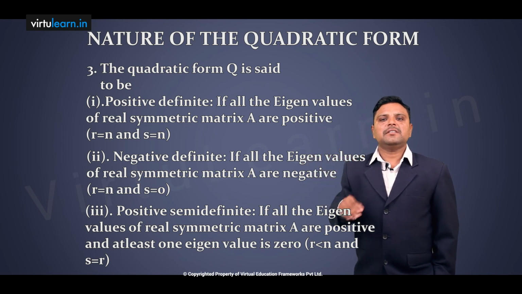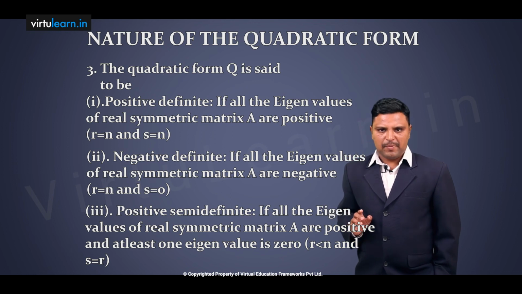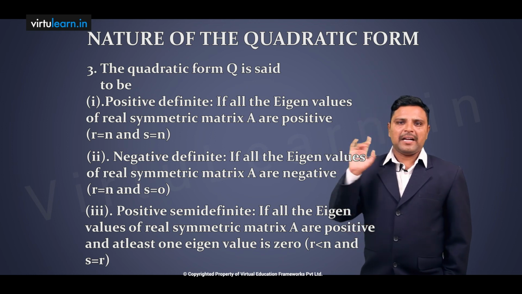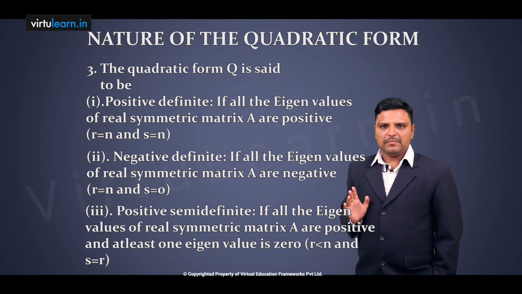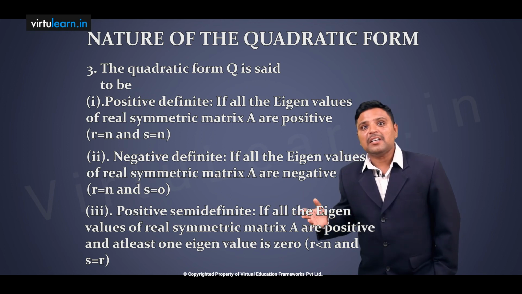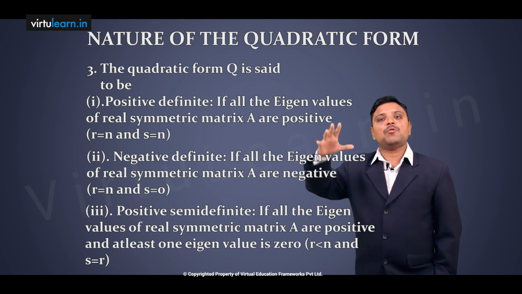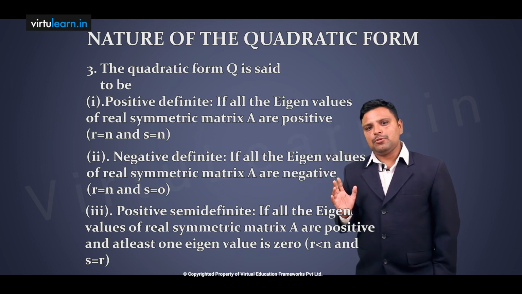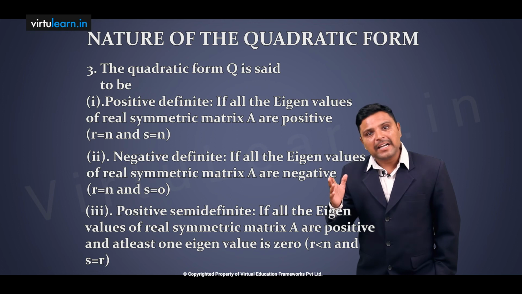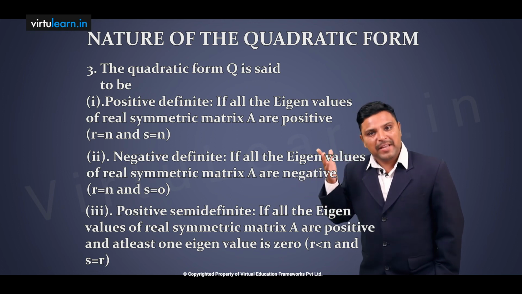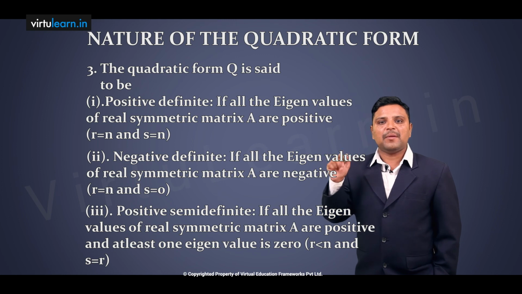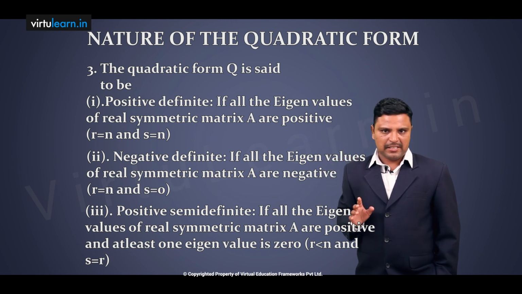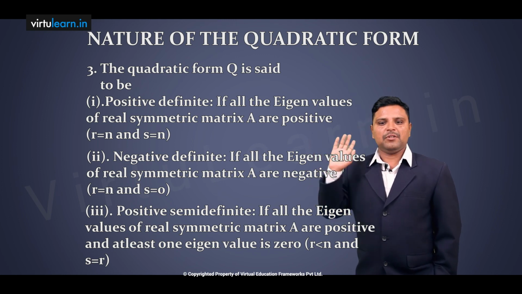R is the rank of the matrix, S is the index of the quadratic form, and N is the number of variables of the quadratic form. Already I told you, a quadratic form we may get in 3 variables, or 4 variables, or n variables.